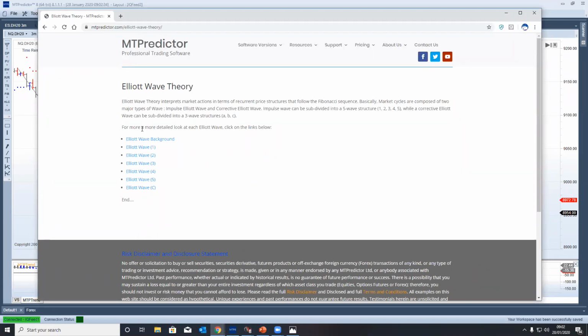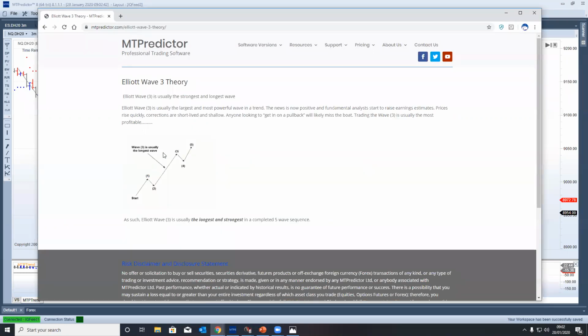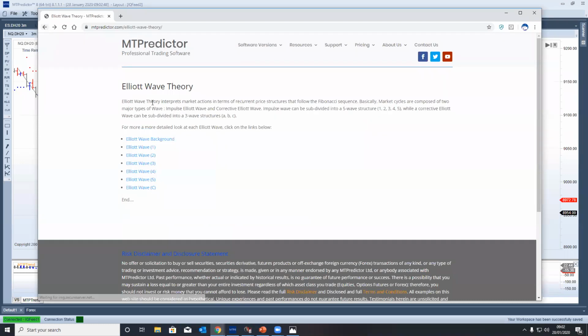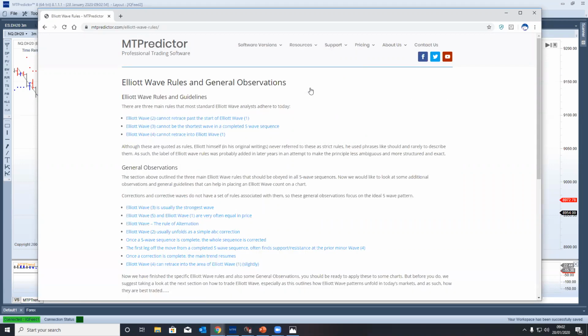Here I've gone through basically the structure of all the separate waves to give an idea of what you're looking for in Elliott wave patterns. You can see they're all there. And in the next section, underneath the section that says Elliott wave rules, there's actually two sections on this. There's basically rules and guidelines, then general observations.